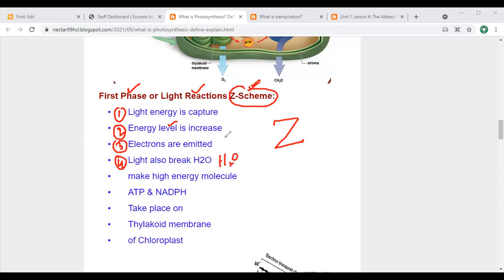When the light falls on it, water is split. Number five, water is converted to high energy molecules. What are the high energy molecules? ATP and NADPH, formed on the thylakoid membrane of the chloroplast.